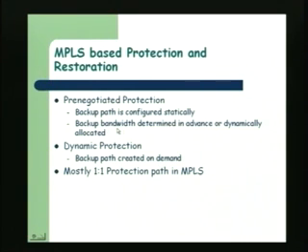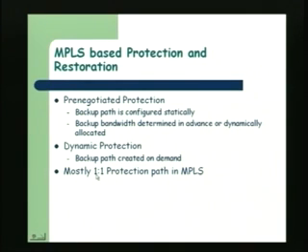You can determine the bandwidth of the backup path either in advance, or you can allocate it dynamically. So, this is like a pre-negotiated protection. You have already set up a backup path. A dynamic protection would mean that a backup path can be created on demand. So, obviously, this will have some setup time.